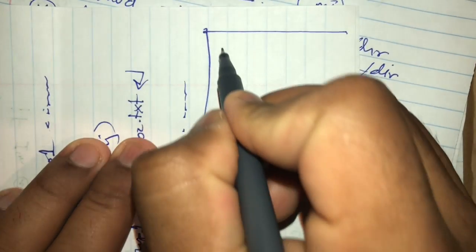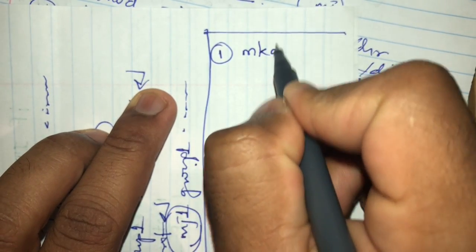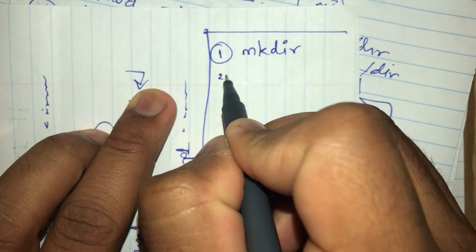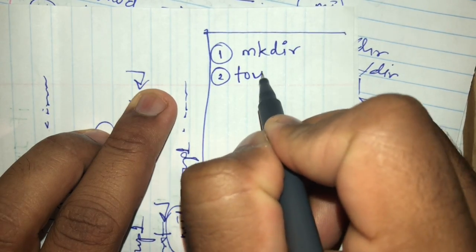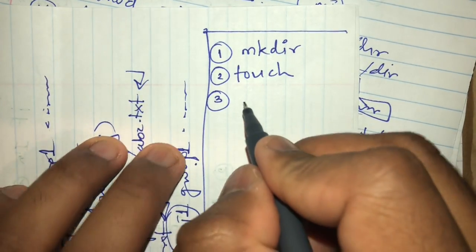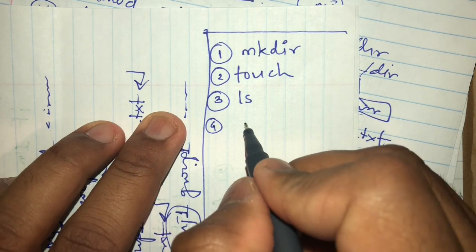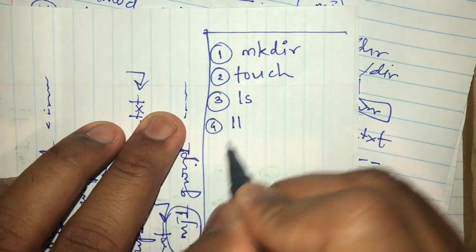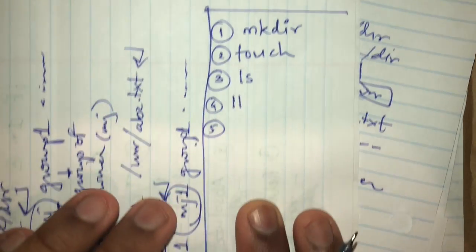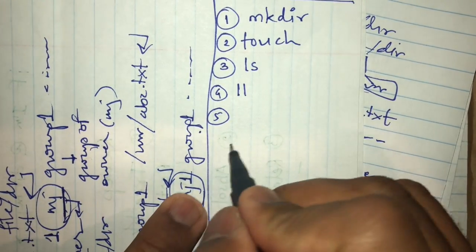So I would like to recap all the commands real quick. mkdir creates a directory. Touch creates an empty file without any content. ls will give you a list of all the files and directories in the current directory. ll will give you a detailed list of all the files and directories in the current directory.